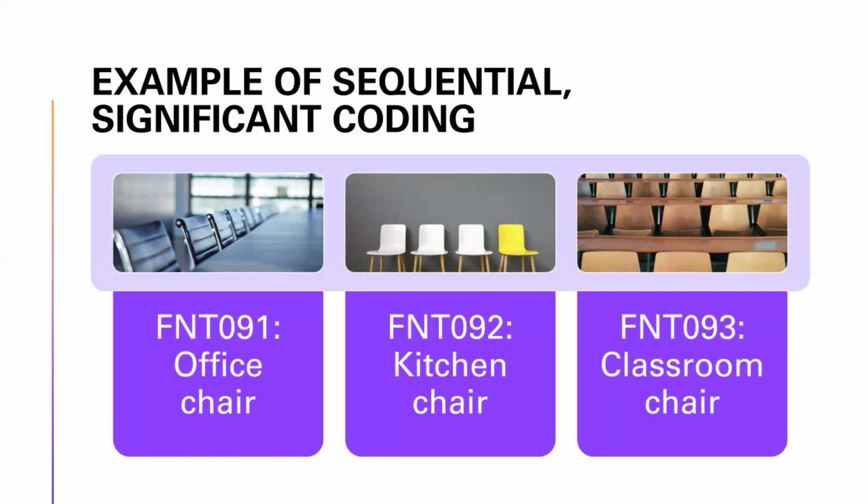Within the chair category, I have some variations: the chair for office, the chair for kitchen, the chair for classroom, and each of these will have stable and sequential coding. Office chair will have the code FNT091, kitchen chair FNT092, and classroom chair FNT093.